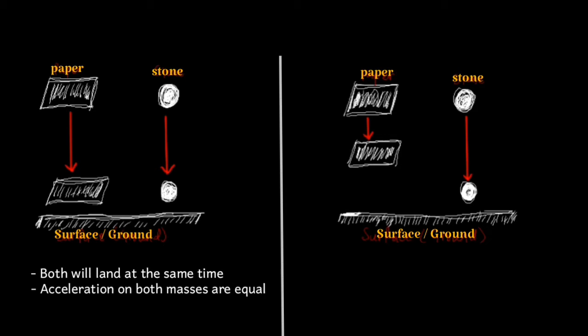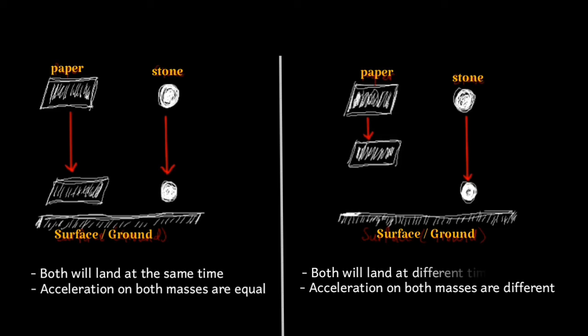In the real world scenario, where air resistance is not neglected, the net downward force on the two items varies, so they will land at different times. Factors such as surface area, masses, and material used for making various objects will determine which object will fall first.